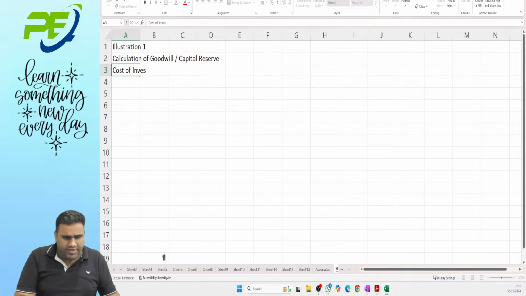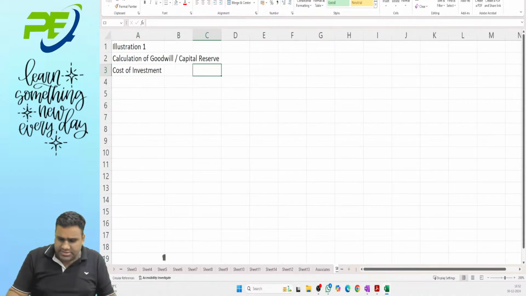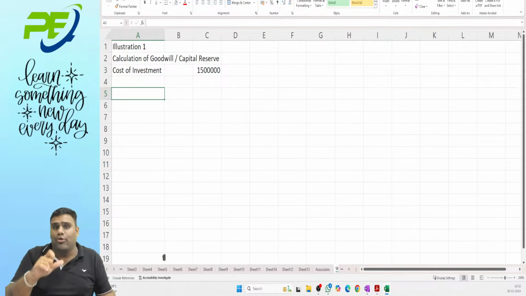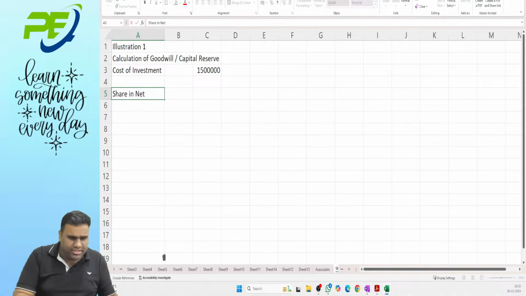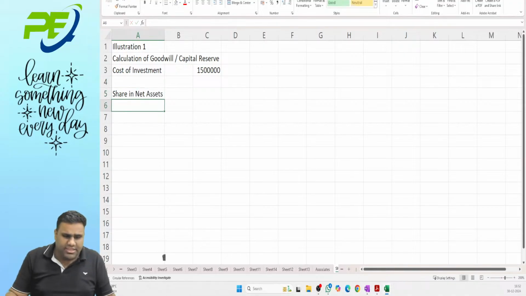Cost of investment. We have invested 15 lakhs. Then I cannot say holding company shares, associate company, share in net assets.